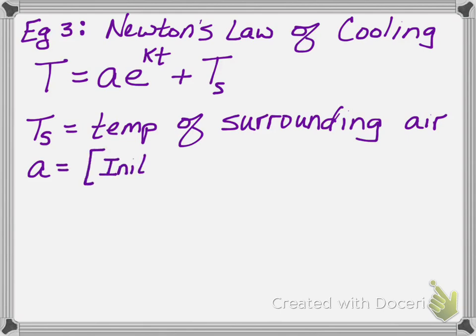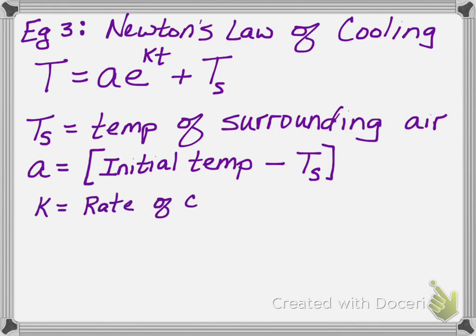A is the initial temperature minus the temperature of the surrounding air. And k is some constant, which we call the rate of cooling. And it depends on the object we're talking about. You may be aware that metal things will cool off faster than wood.